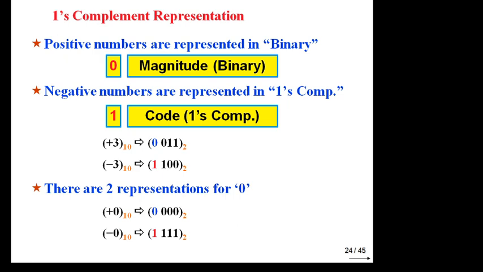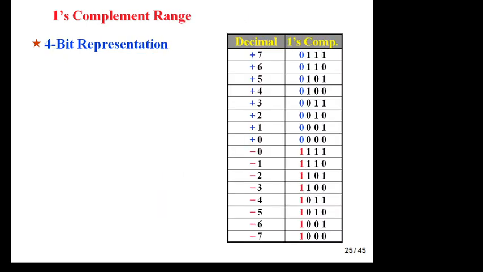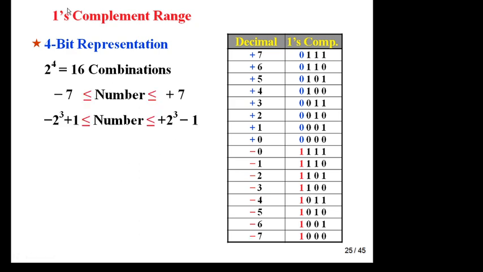Okay. Now the ones complement range: if there are 4 bits, it is always from plus 7 to minus 7. Total minus 7 to plus 7. What will be the formula for this? Suppose there is an n bit representation: minus 2 to the power n minus 1, plus 1, to 2 to the power n minus 1, minus 1.